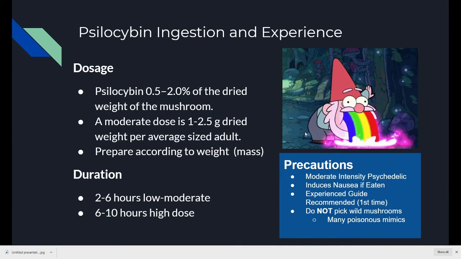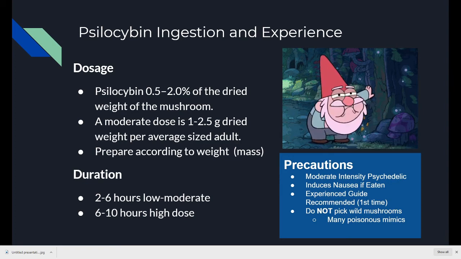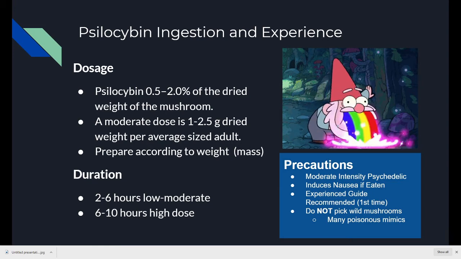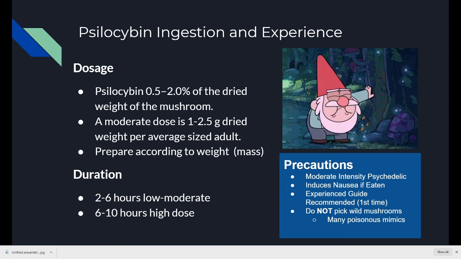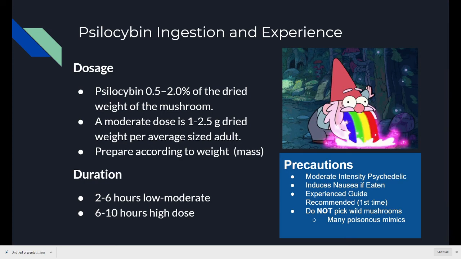Now, the important parts are always the applications. And while this is just a basic course, and we get way more in depth in the next session, we are just going to vaguely talk about the precautions here. Now, it's important to note that psilocybin is 0.5% to 2% of the dried weight of your mushrooms. And a moderate dose is actually 1 to 2.5 grams of dried mushrooms per average sized adult.